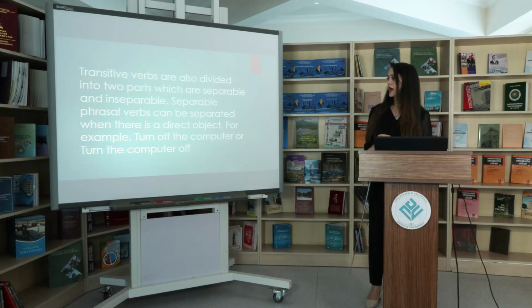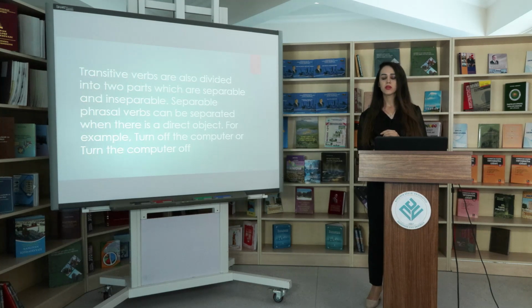When we use separable phrasal verbs, we need a direct object. It can be an object pronoun or a noun which functions as the object in the sentence.